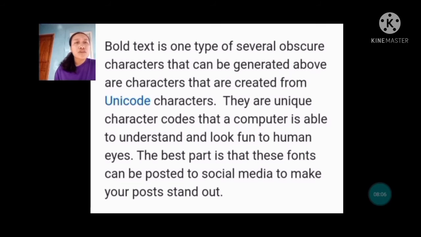They are characters created from Unicode characters. They are unique character codes that a computer is able to understand and that look fun to human eyes. The best part is that these fonts can be posted to social media to make your post stand out. So the bold letters in text are nice.